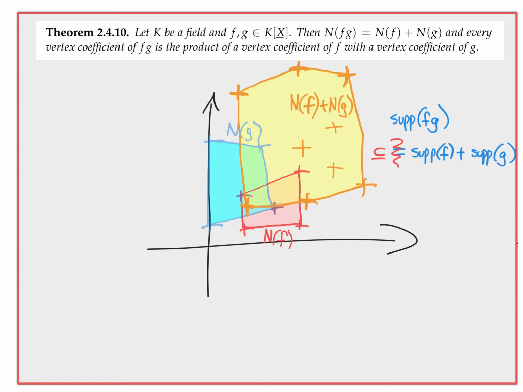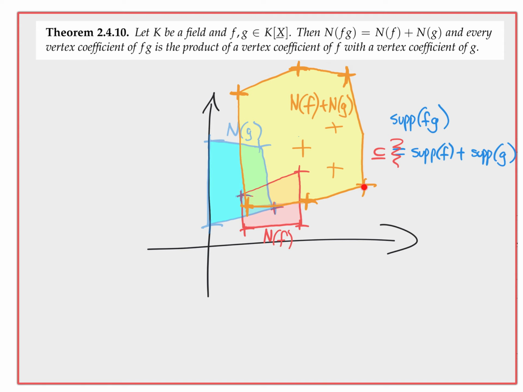And every vertex coefficient of fg is a product of a vertex coefficient of f with a vertex coefficient of g. Right? The coefficient of this monomial is just the product of the coefficient of this monomial in g times the coefficient of this monomial in f, and so on.